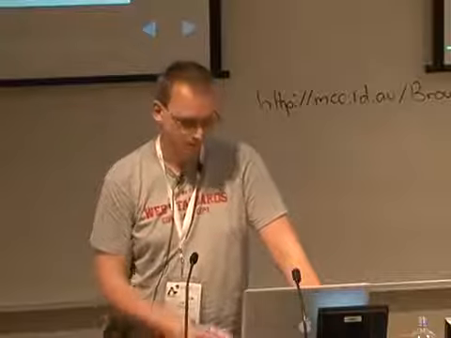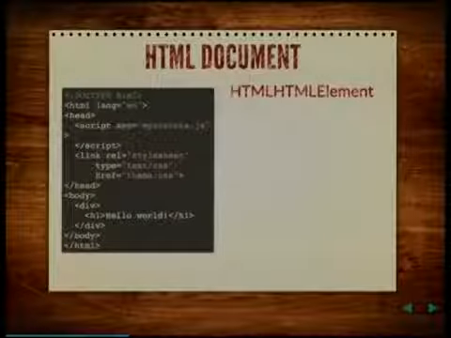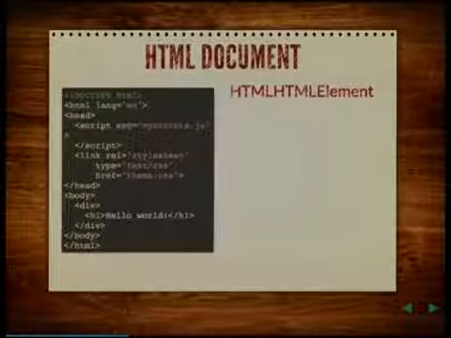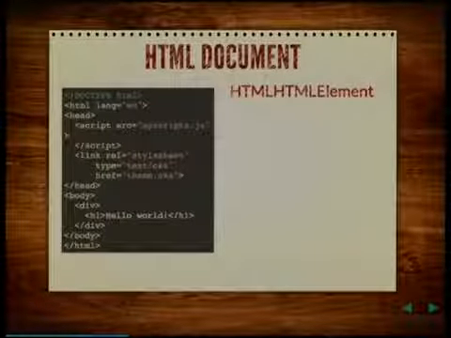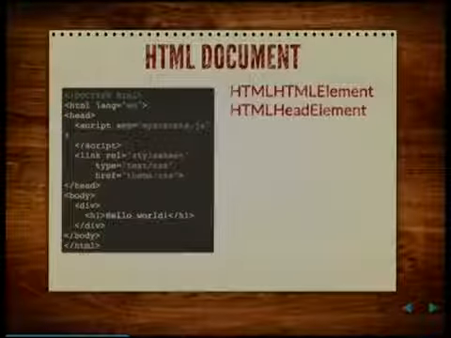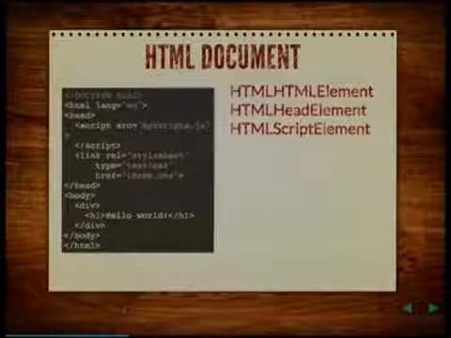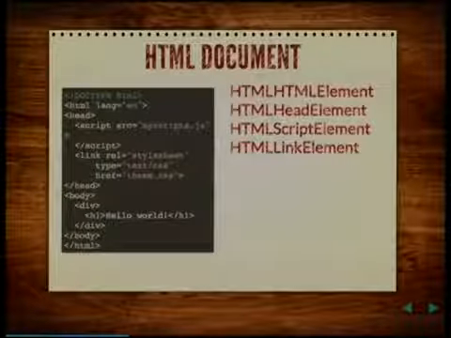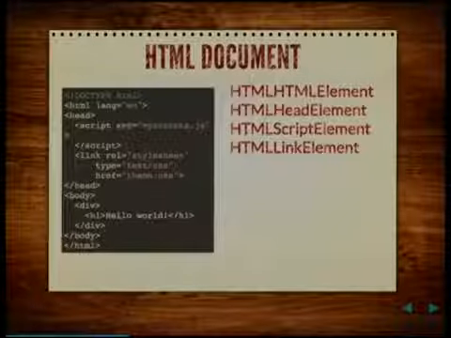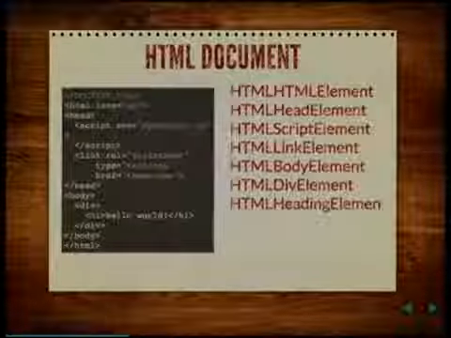If you look at this page here, the first tag you see is the HTML tag, which gets transformed to an HTML element, which stores all the data. This is a DOM element. Then we have the HTML head element, the HTML script element, and it continues. Each tag actually has a responsible DOM element, and this is all according to the specifications.